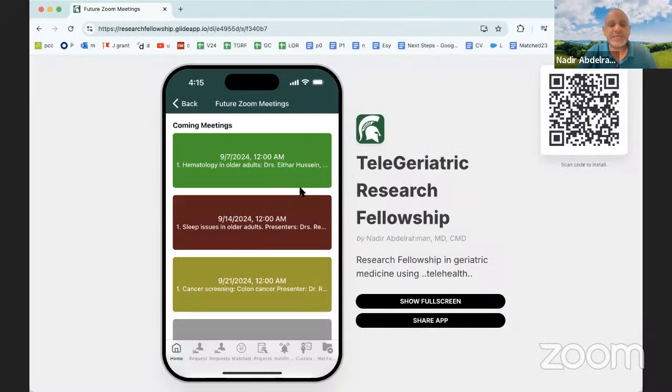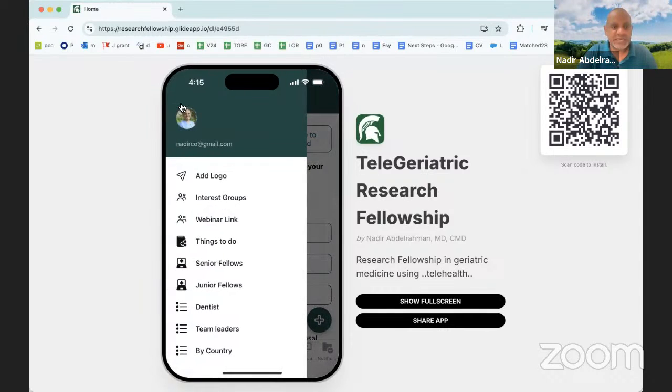I'd like to ask you if you have some skills in creating logos. We are working on a logo for the program, the telegeriatric research program.